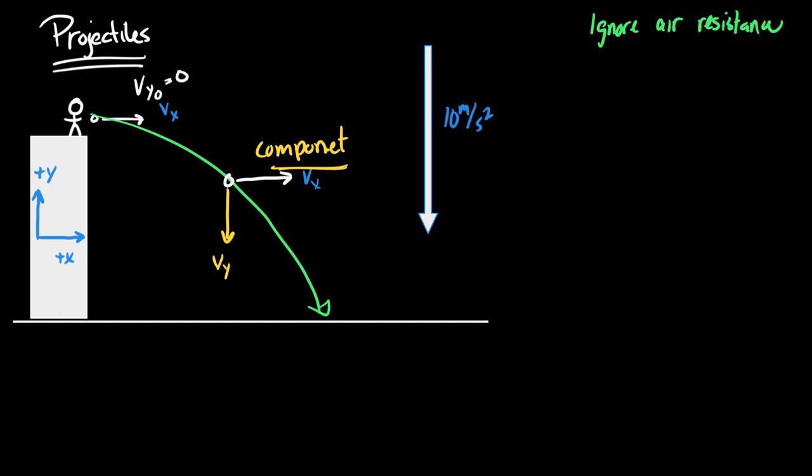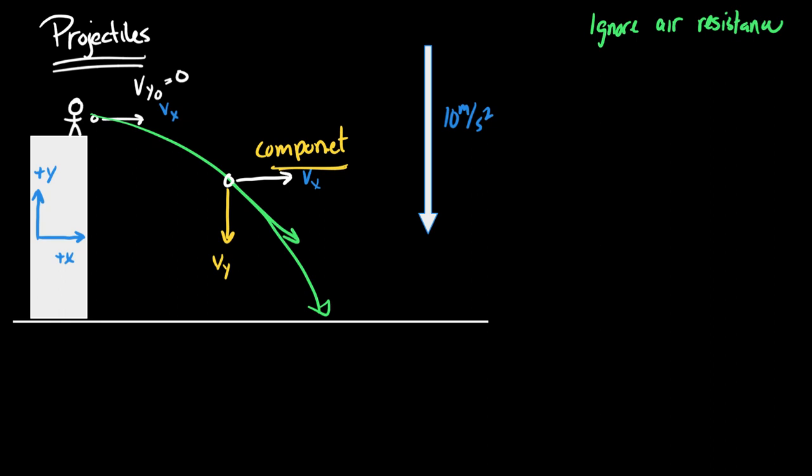But the truth is, it only has one velocity. It's moving that way, right? We just know that that velocity suggests it's moving a little bit horizontally and a little bit vertically at the same time. The amount that is moving horizontally, we say, is the horizontal component of the velocity. And the amount that it's moving vertically would be the vertical component of the velocity.